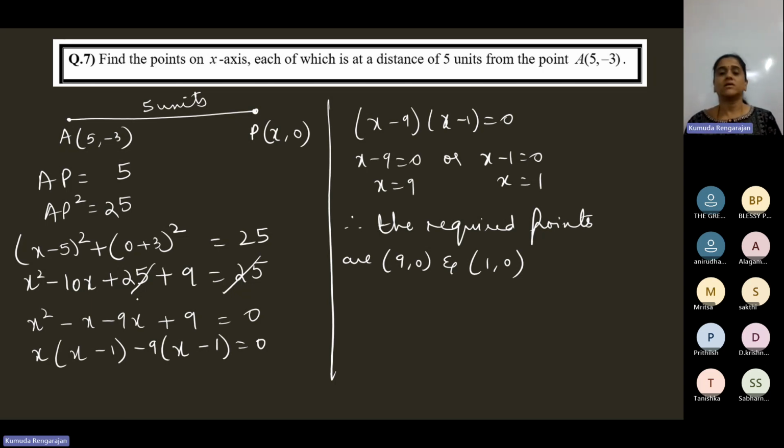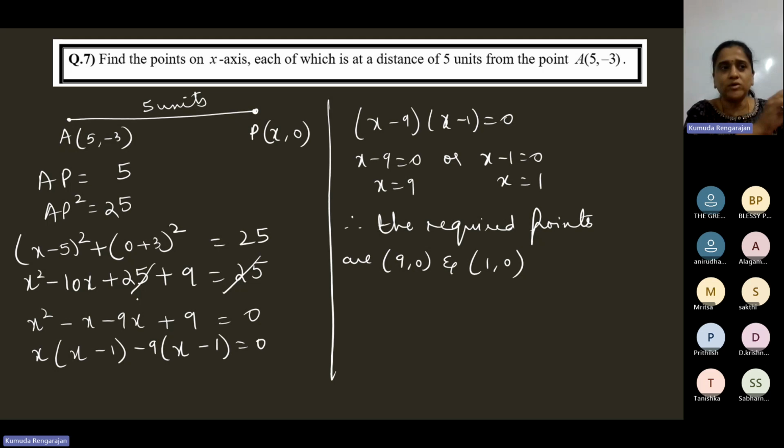Okay, so we'll go back to the question again. Now this point A is located in the fourth quadrant, 5 comma minus 3. We have to find the address, meaning the coordinates, of the points on the x-axis which are at a distance of 5 units from A. Now we know that every point on the x-axis is of the form x comma 0.